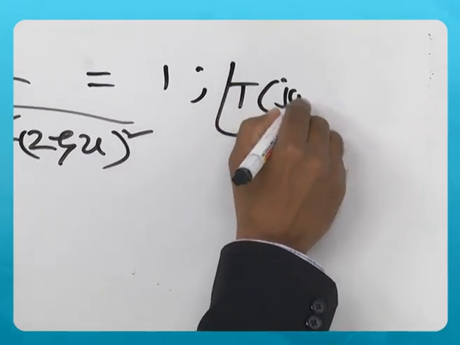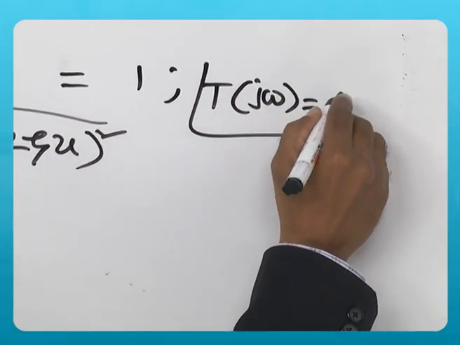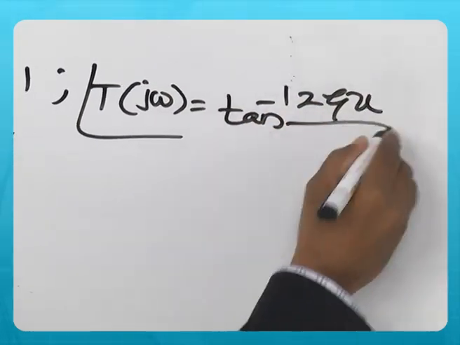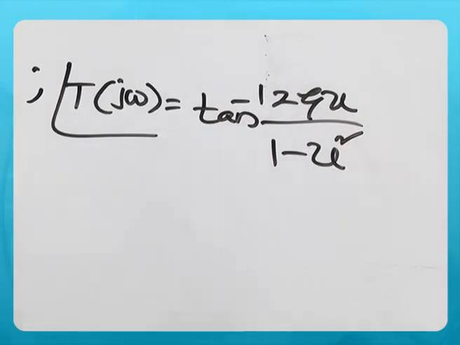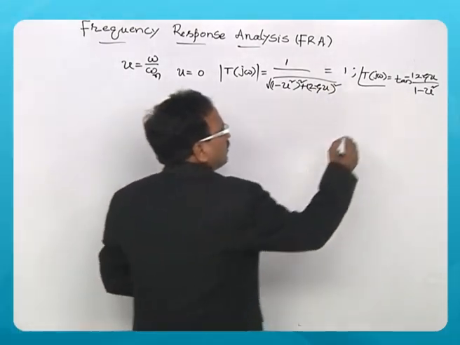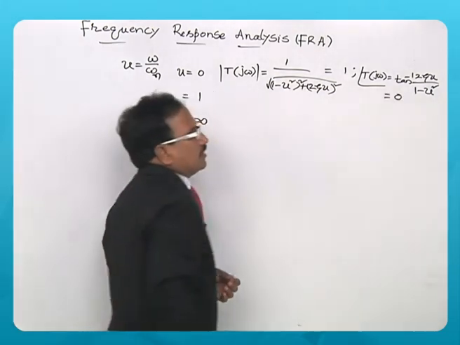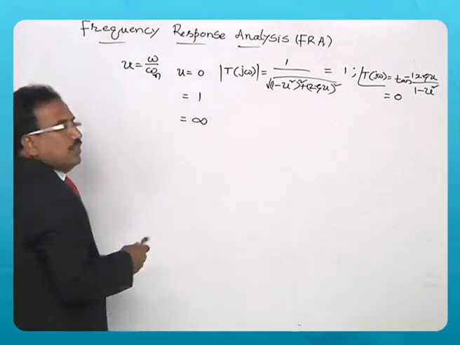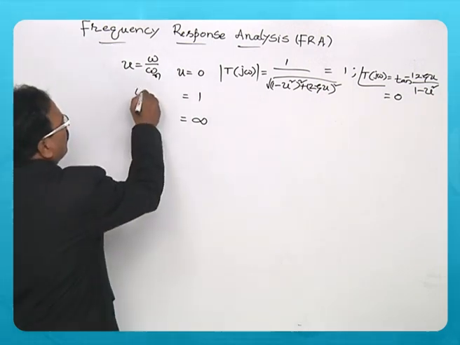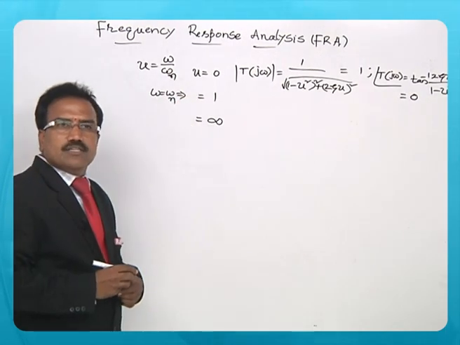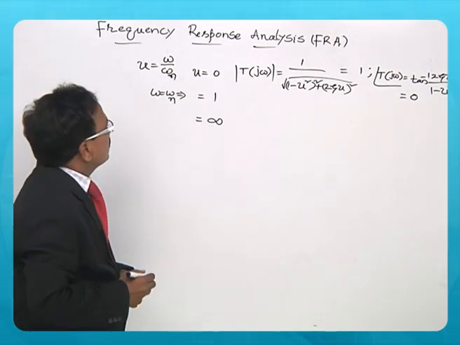Now the phase angle of T of j omega is tan inverse 2 zeta u by 1 minus u square. So the phase angle you get for 0 frequency is 0. Now u equal to 1 means omega equal to omega n. That indicates the value of normalized frequency is 1.